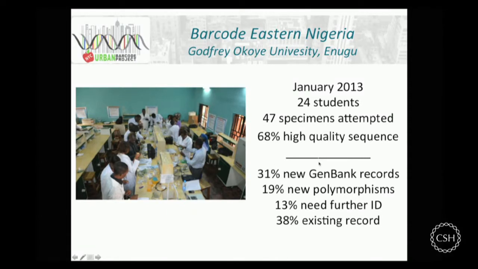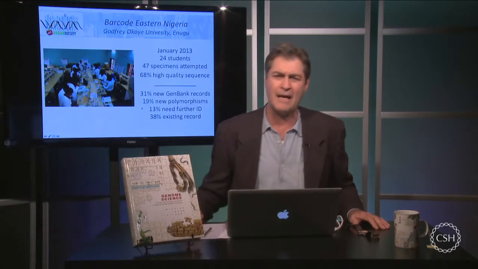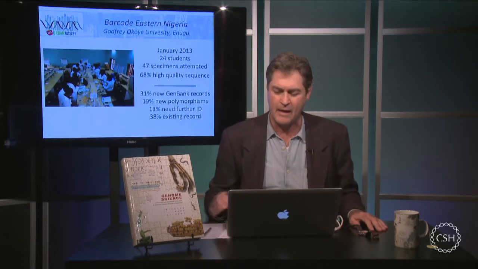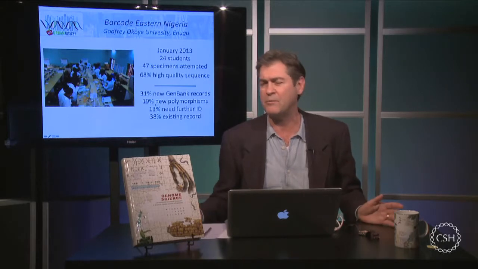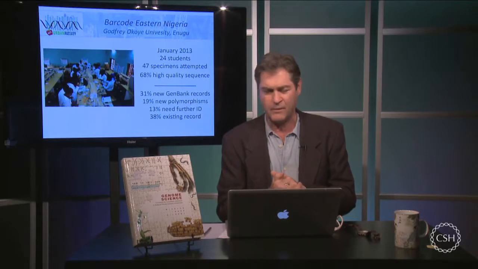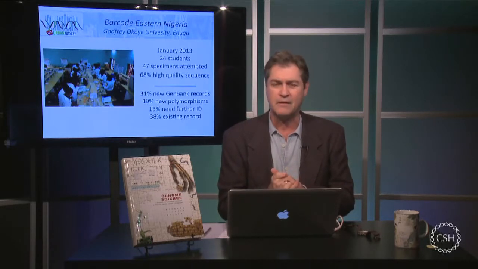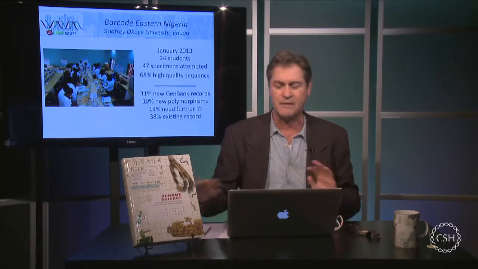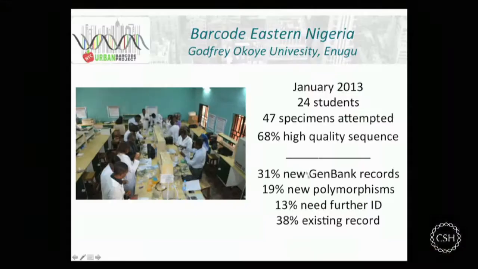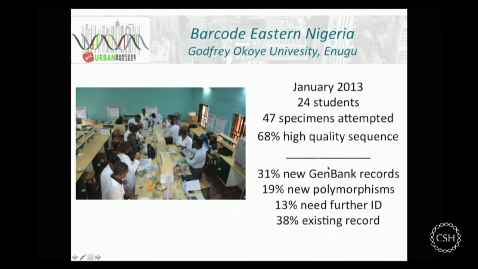We analyzed them, and it was really quite interesting because 50% of the things that we were able to get DNA sequence from were either a species that was not yet in the GenBank database, or had new sequence polymorphisms that hadn't been reported before. And in fact, this is an awful lot of fun for anyone, for me, you, a student, to find a species that's not in the database or new polymorphisms that have not been published. We're actually in the process of publishing these records right now.